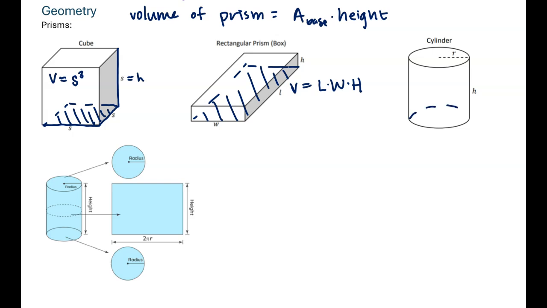And for the cylinder, the base is a circle, so the area of the base is pi r squared, and then I just need to multiply by how much I stretch that out, and that's h. So you could do the same thing with a triangular prism, where the base was a triangle and you just stretched it out and gave it some height. Really, any shape you think of. If you make a trapezoid for your base and stretch it out, this would work.